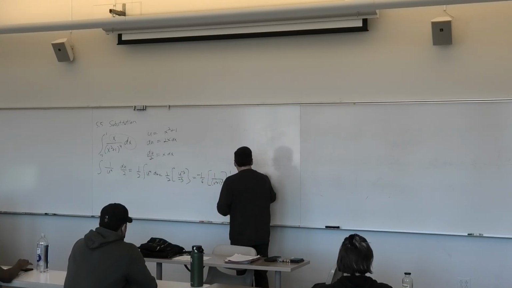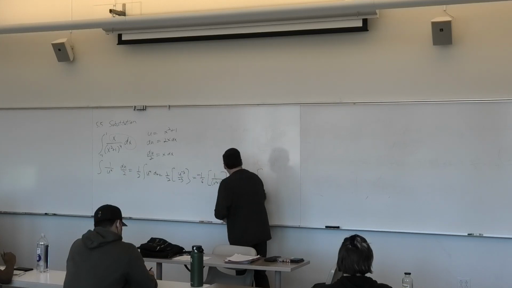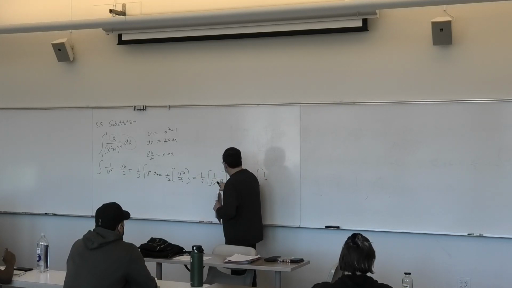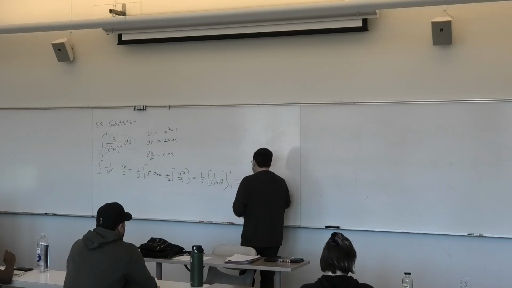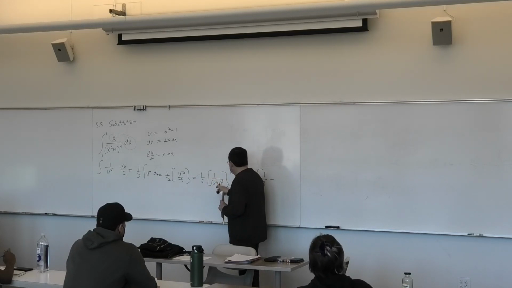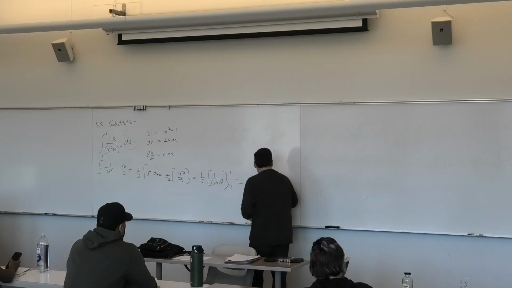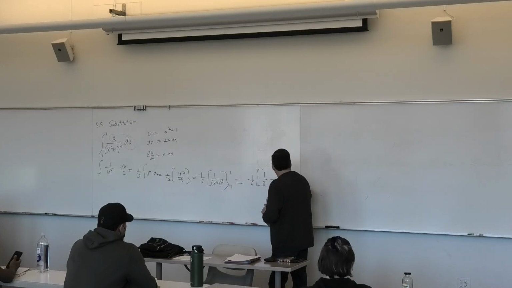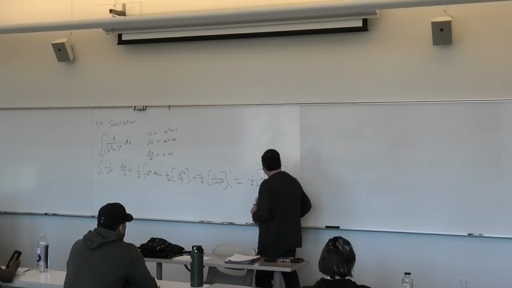Negative 1/6. Plug in 1 over 2 to the third, 1/8 minus... well, that's interesting. This turns out to be 0.